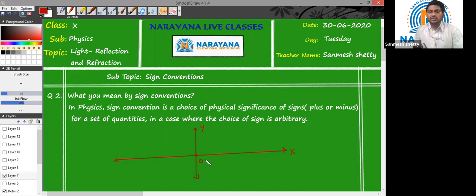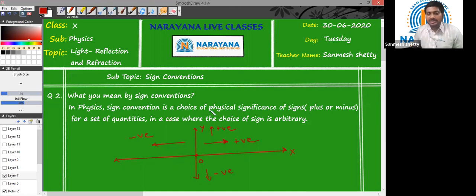We have chosen a very common sign convention that distances along the positive x-axis, along this side, are taken as positive, and all the distances opposite to the positive x-axis we take as negative, whereas up is taken as positive y-axis and below is taken as negative y-axis. So these signs we have chosen for our convenience, for suitable calculations for our physical quantities.